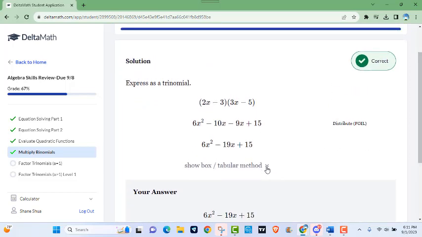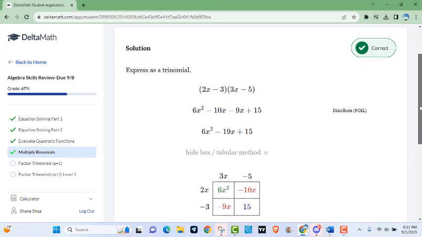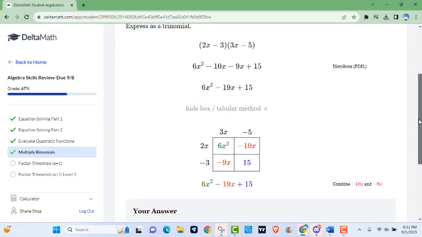Okay, show the box tabular method. Okay, they did the box method here. The box method is also a method that works well. Some of you may have been taught the box method previously. You take the first binomial, 2x minus 3, times the second binomial, 3x minus 5.